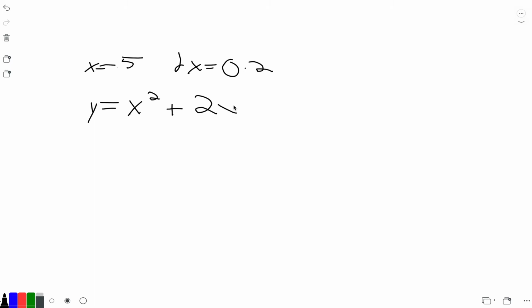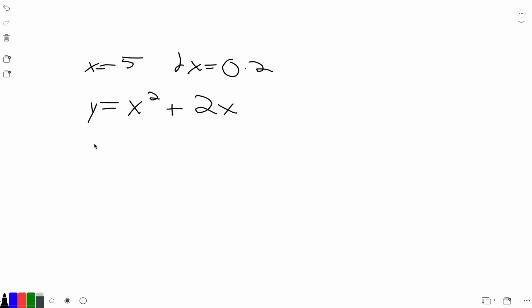Here's an example. For the function below, find dy and evaluate when x equals 5 and dx equals 0.2. We write out the function as y equals x to the second power plus 2 times x.